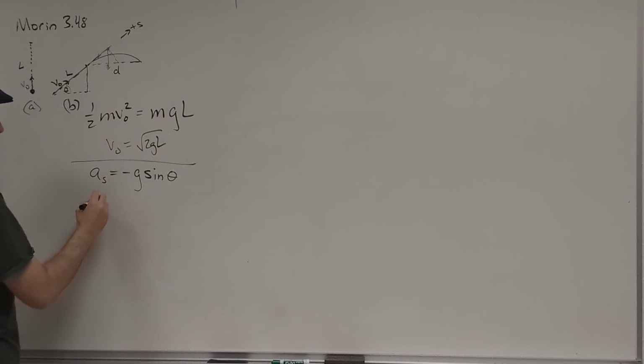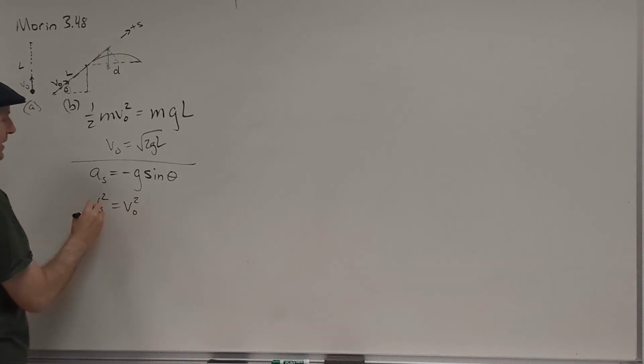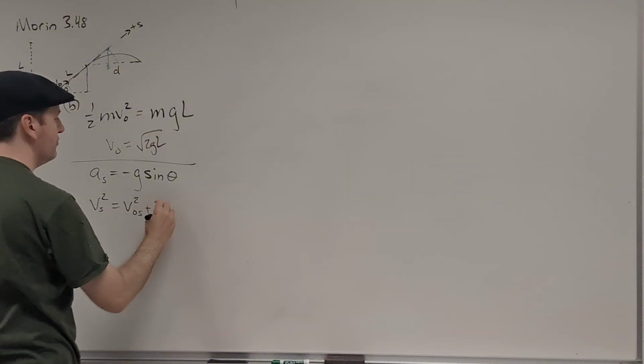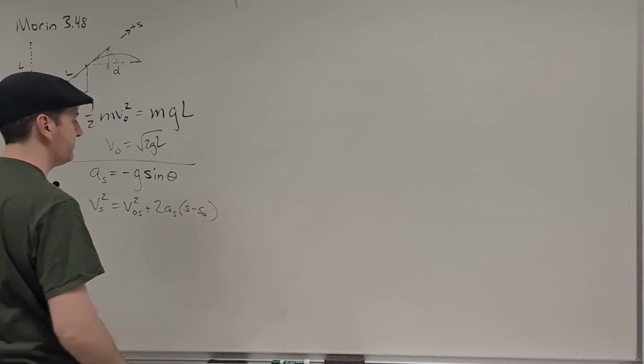So I'll write that down as v squared equals v naught squared, and I'll put s's on here to remind us this is in the s direction, plus 2 a sub s times s minus s naught.